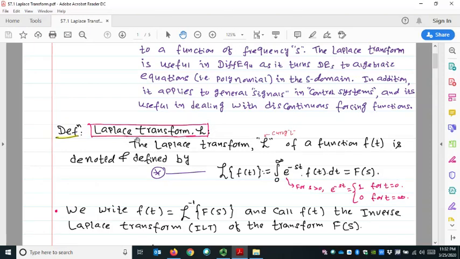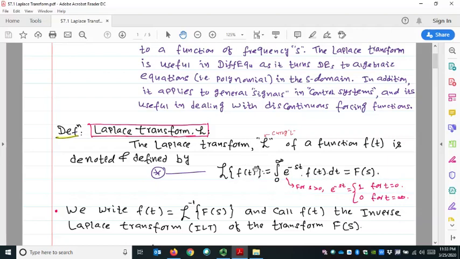We denote the Laplace transform by curly L. So the Laplace transform of a function little f(t), where t often represents time, is denoted and defined by L{f(t)}. It's defined as an improper integral, the integral from 0 to infinity of the exponential term e to the power negative st times f(t) dt.